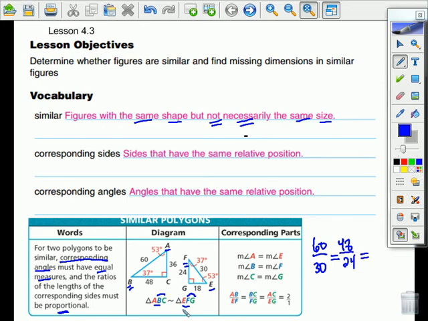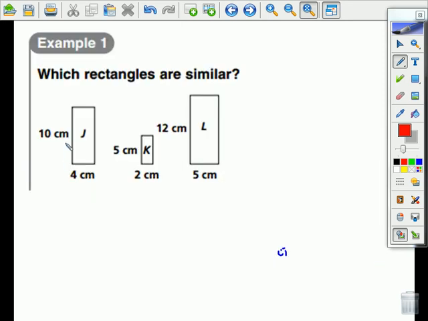And then our last sides are AC, which is 36, and EG, which is 18. One way I can tell that these are all the same ratios is I could simplify them. This simplifies to 2 over 1, 2 over 1, 2 over 1. Or I could have done cross products, and I would have seen that all of these end up equaling the same cross product.